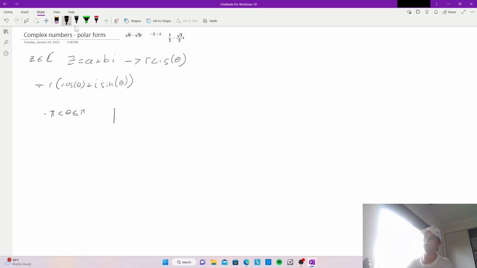So pretty much in your unit circle, it falls from here and goes all the way around to here. So you have to make sure when using polar form that the argument, arg z, falls within this range. Otherwise, your whole polar form is just destroyed.